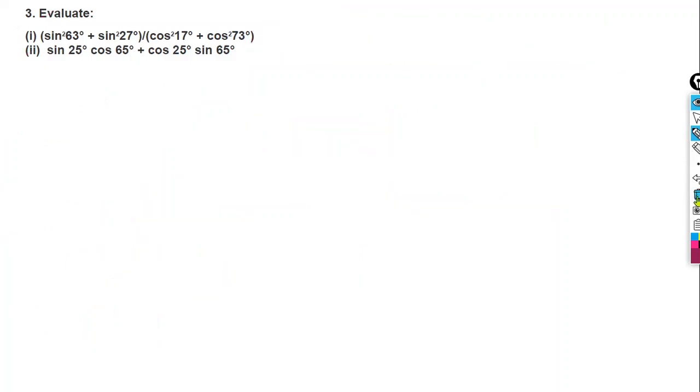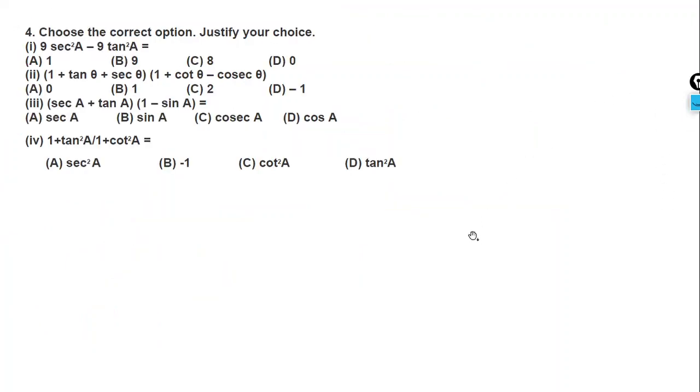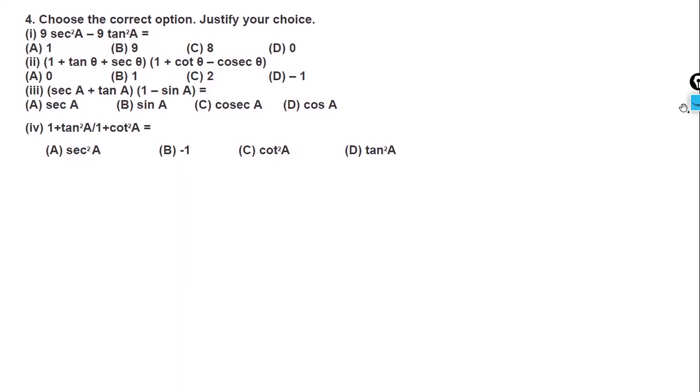Now we will move to question number 4. Choose the correct option and justify your choice. 9 sec square A minus 9 tan square A equal to dash.